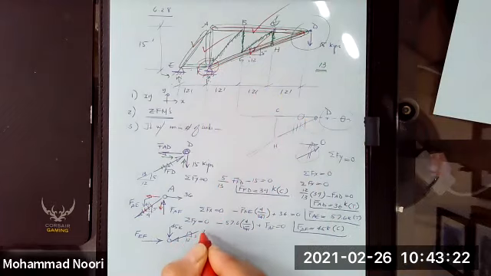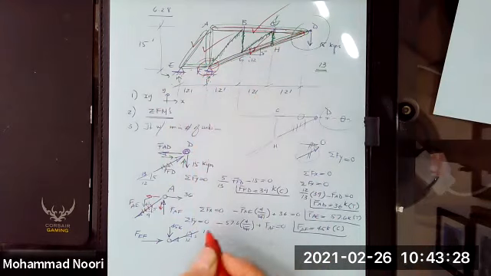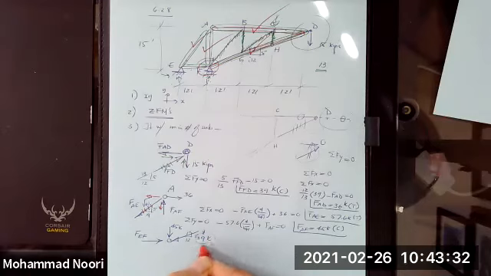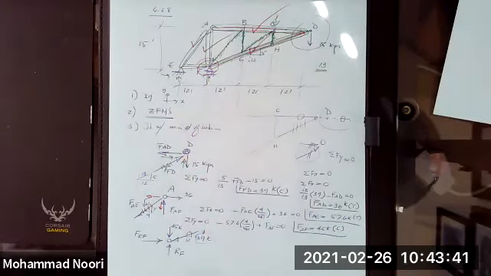This is force of FD, which is 39. So this is 39 kips. And then I have the reaction force, which is unknown. I don't care about that. I don't need that. What I've been asked to find is the last member.